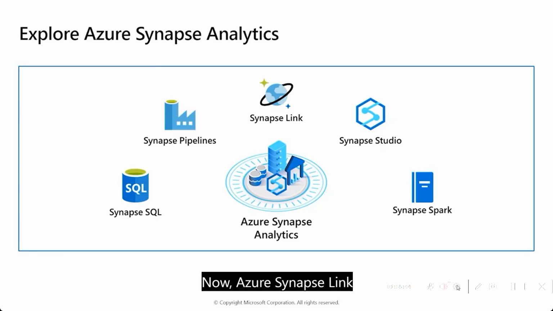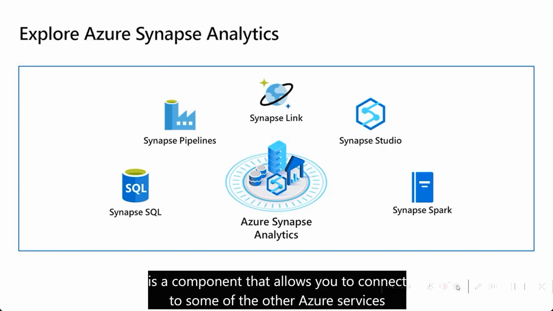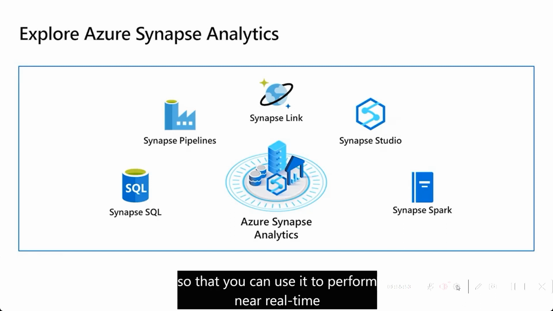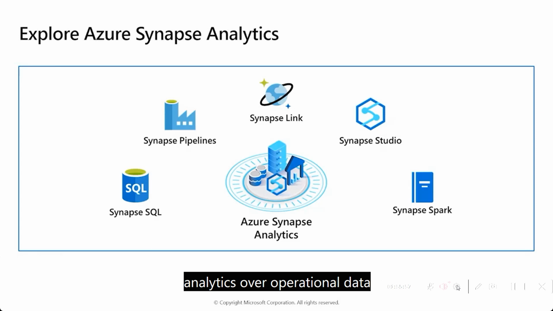Now, Azure Synapse Link is a component that allows you to connect to some of the other Azure services like Cosmos DB, for example, so that you can perform near real-time analytics over operational data that's stored inside a Cosmos DB database.